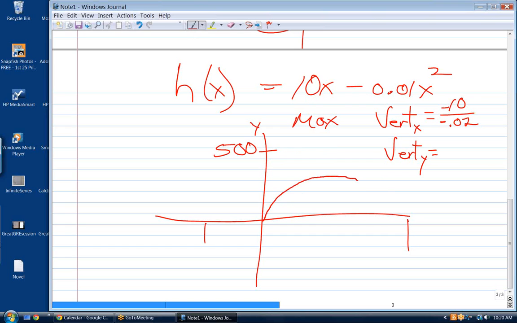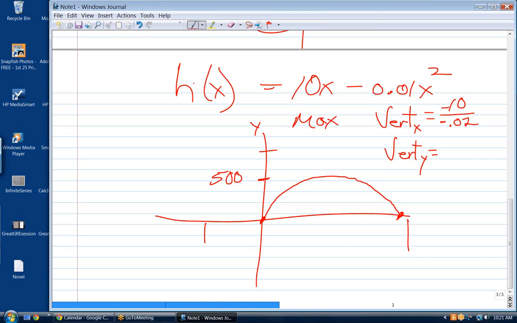Cannonball fired right there, comes down right there. We know this is 500 feet, because that's the vertex. So you just need to find the zeros. So we know (0, 0). When x is 0, that point is (0, 0). So the question is, what is that other point?